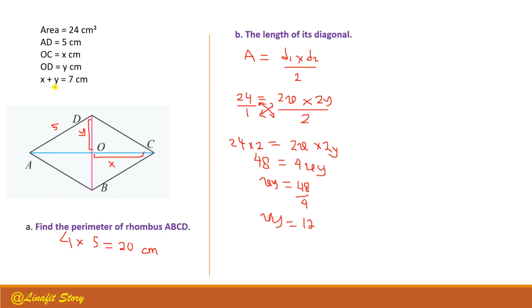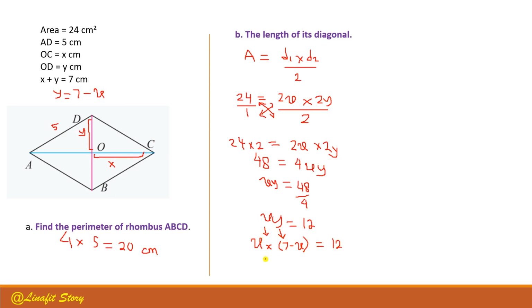x plus y is equal to 7. So to get y is 7 minus x. x times y is equal to 12. So x times 7 minus x is equal to 12.